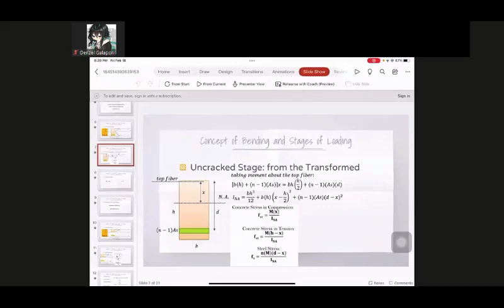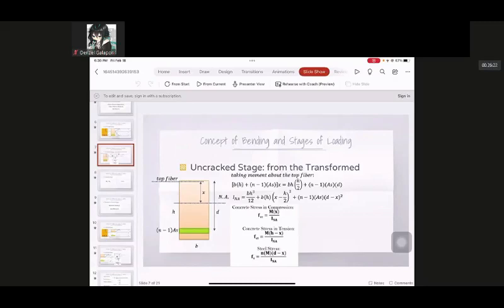So that will be the formulas for your uncracked stage from the transform. So first you got to find for the X or the distance from the top fiber up to the neutral axis. Pag nalaman mo na yon, you can solve for the I sub NA or the moment of inertia about the neutral axis.